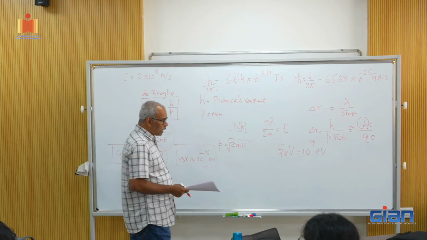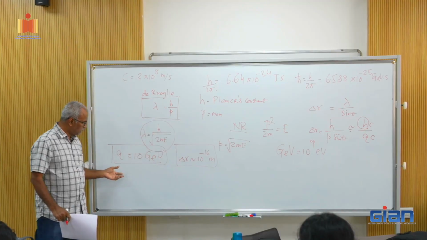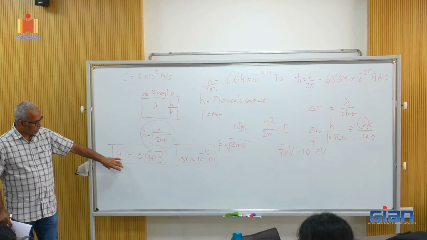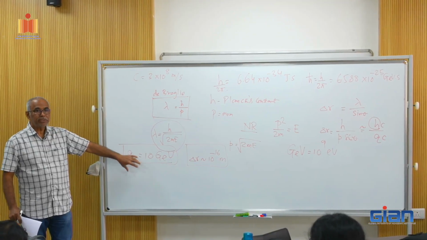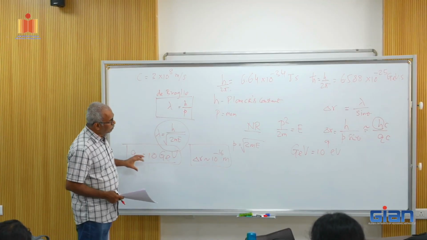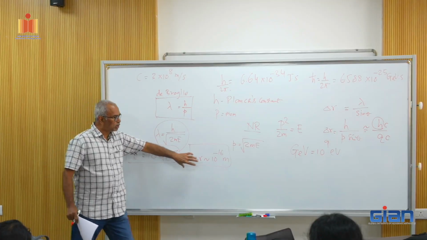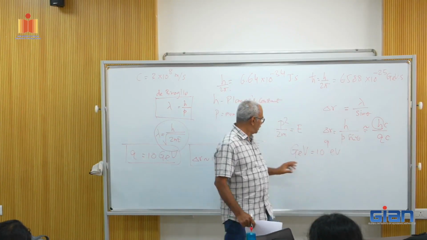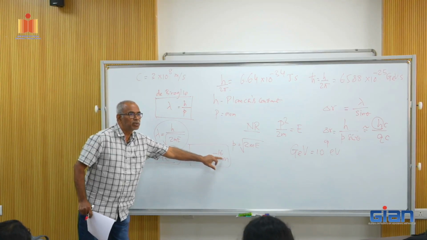With the modern technology, we are able to go much beyond GeV. Right now, we have created beams of the order of TeV, which is tera electron volt, 10 to the power 12 electron volt. Okay, so that means instead of 10 GeV, if I put here my Q equal to say TeV, obviously you will go at least 3 orders of magnitude down.